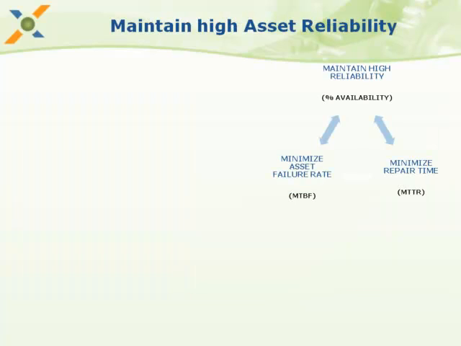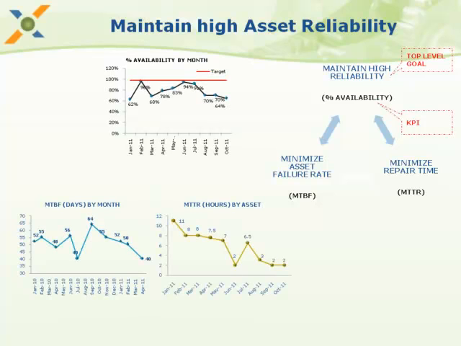Just to give you an example, continuing within the same example. At the top level, you want to increase the reliability. Again, with just those two KPIs, we can have certain indicators that help monitor the KPIs, and then you can monitor them on a monthly basis, quarterly, between the plants, between different departments, however you want to.